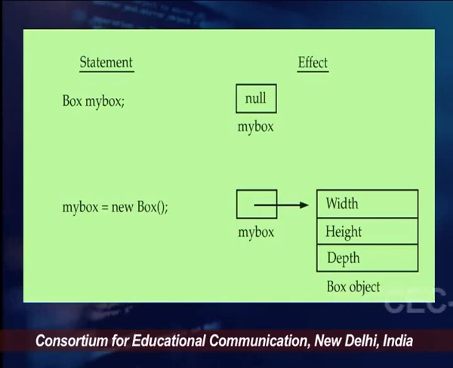Then after myBox = new Box, myBox, which earlier held a null reference, now refers to an actual Box object that is created. And how is this actual Box object created? With the help of the right hand side of the assignment operator, which is new Box followed by parenthesis.